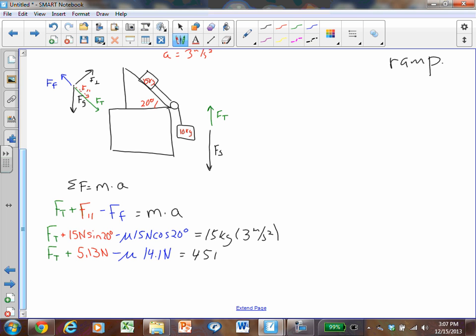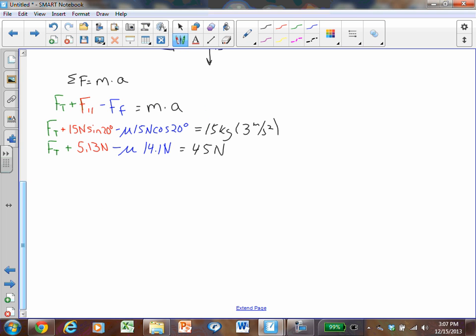So let's continue to clean this up a bit. Well, we'll solve it all for Ft here. First off, subtract 5.13 from 45, gives 39.87 newtons, and then add the mu, 14.1 newtons over, like that.